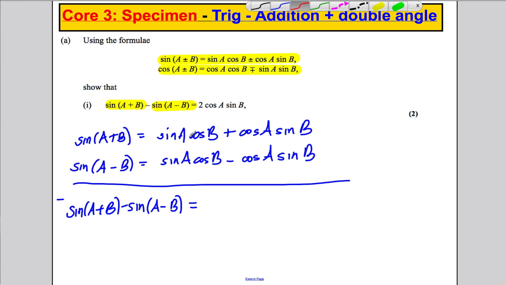Well, taking these away, these two would disappear and you get cos A sine B subtract negative cos A sine B. So actually what you get is 2 cos A sine B, and you'd be done.